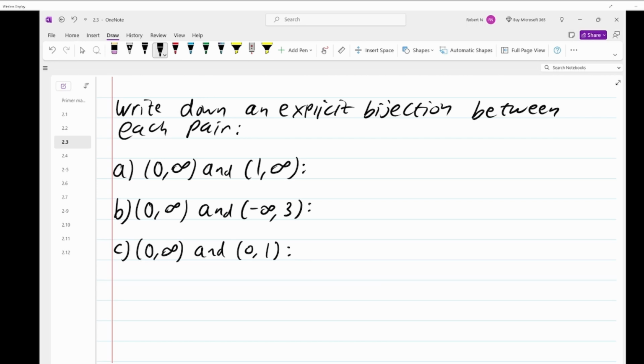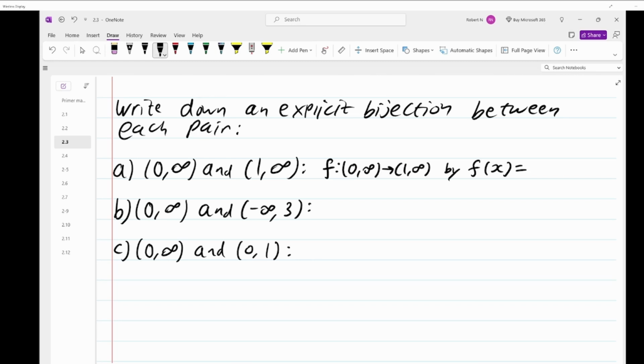Okay, so it's asking me to write down an explicit bijection. What exactly is that asking for? A function between the two sets that is bijective. I guess can we give the first set a variable name? Let's just say it's from (0, infinity) to (1, infinity).